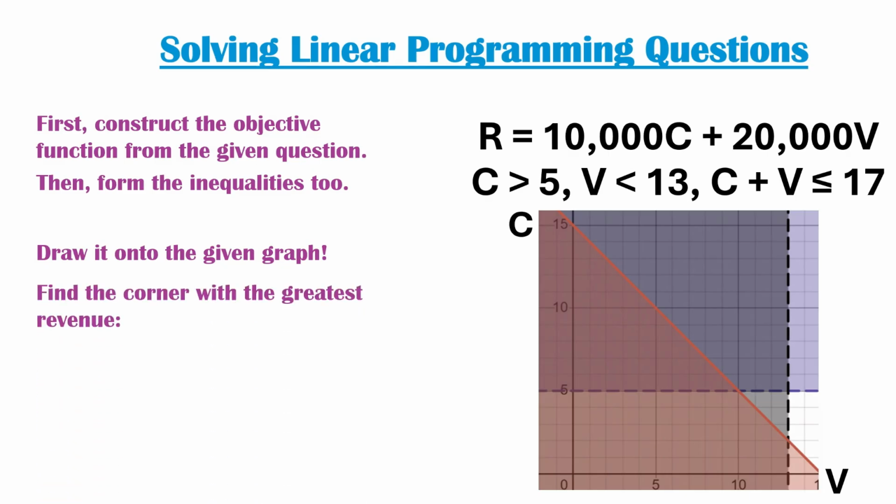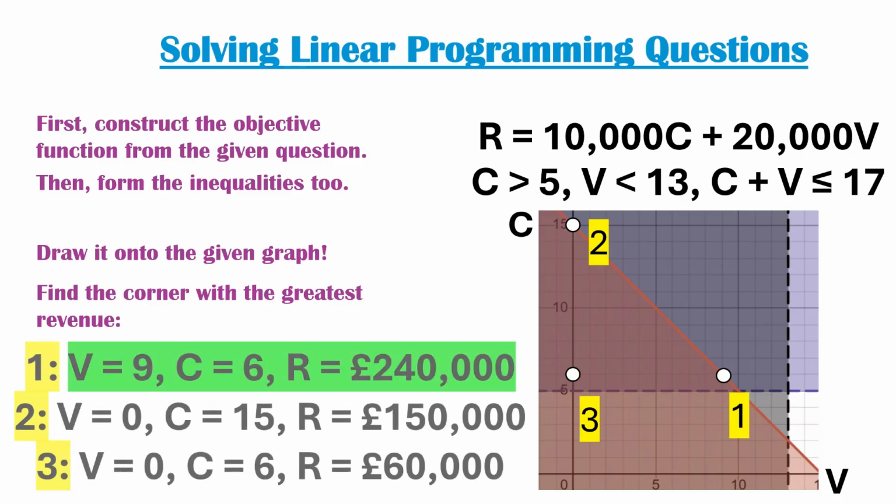And then you plot all the corners, but remember you can't plot it if it's not equal to as well. So choose the closest to the corner you can find. You see it's raised up by 1 for 1 and 3. Then work out the revenue at each of those points and then find the maximum or the minimum. And that's all you have to do.